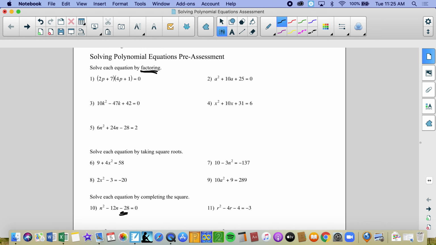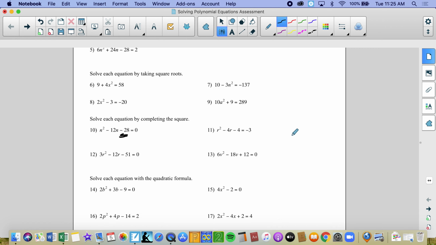Are there factors of 28 that, when subtracted, equal negative 12? So 1 and 28, 2 and 14, 3 no, 4 and 7.